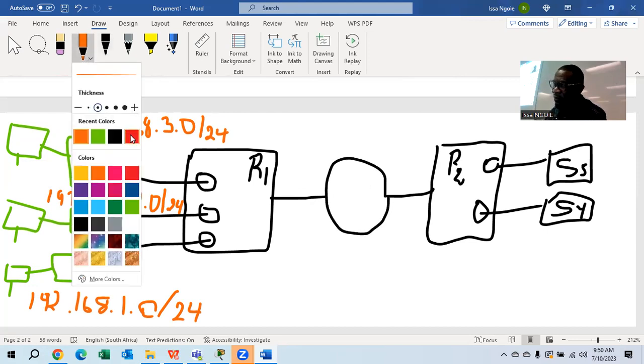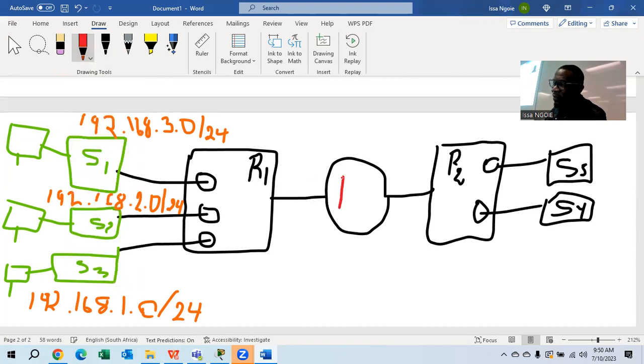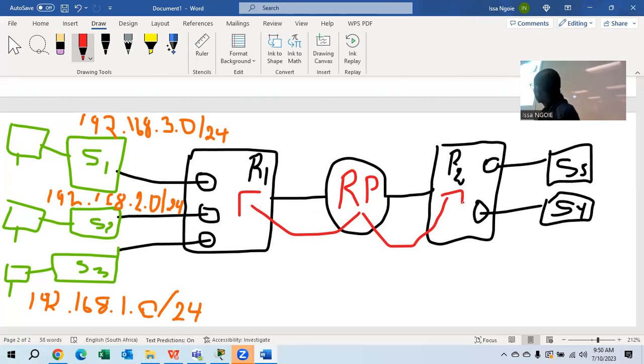Routing protocols. The RP. And this RP, you're going to configure it where? You're going to configure it here and here. So for router 1 and router 2 to talk, you need the routing protocols. You go on router 1, you configure your routing protocol, and you go to router 2, you configure your routing protocols.